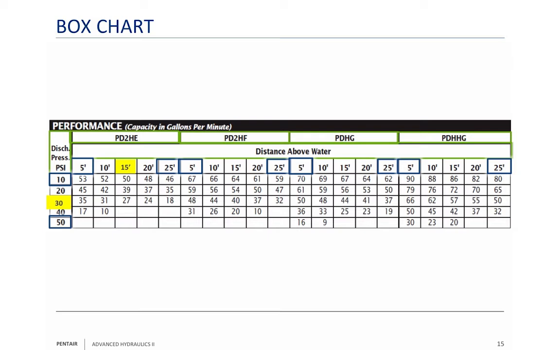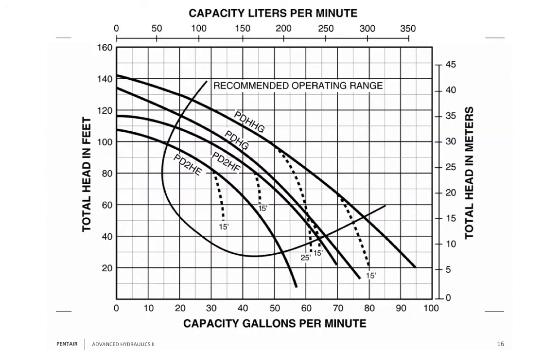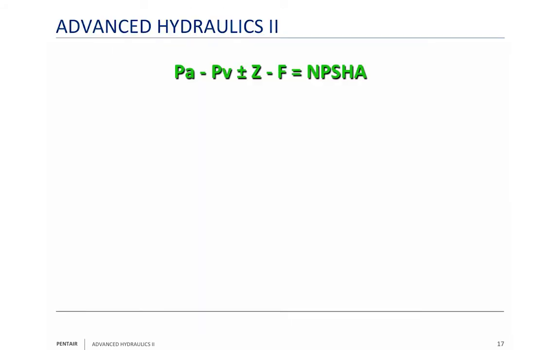Notice what it says we should get for flow range, about 27. So we come back to our curve. We put a line in here at 87 feet. We find where that 1 horsepower crosses that 87 foot line. And where are we at? Yeah, about 27 gallons a minute. So that's pretty accurate.